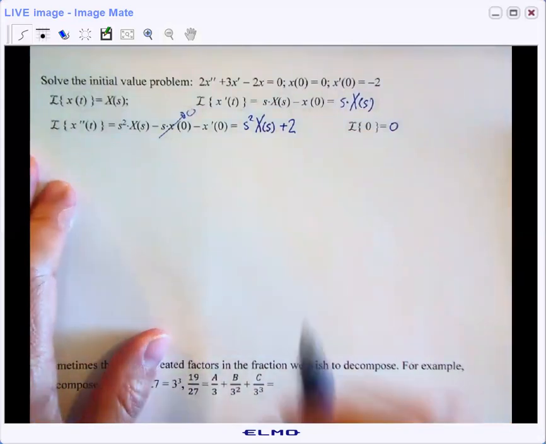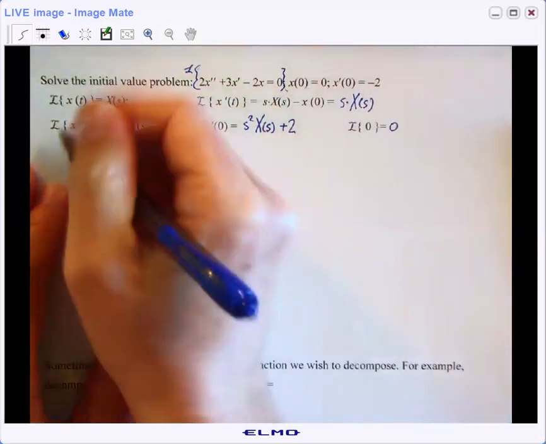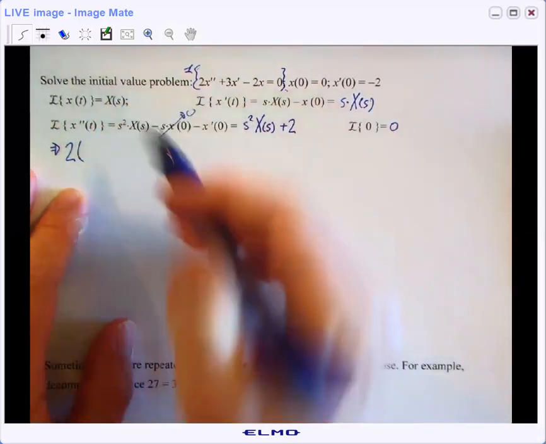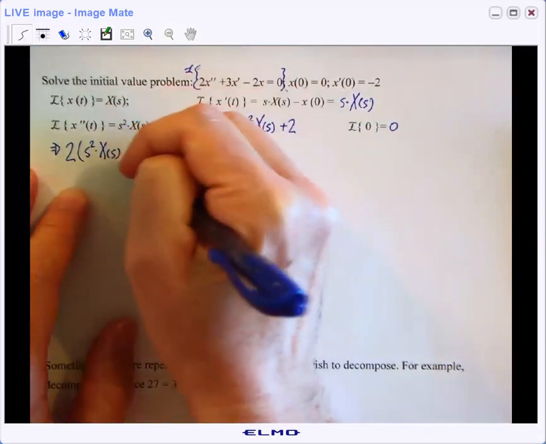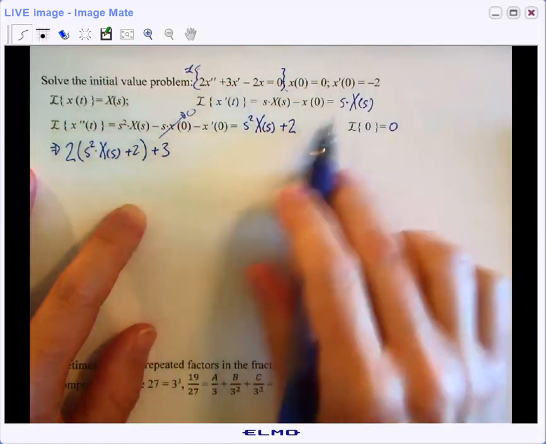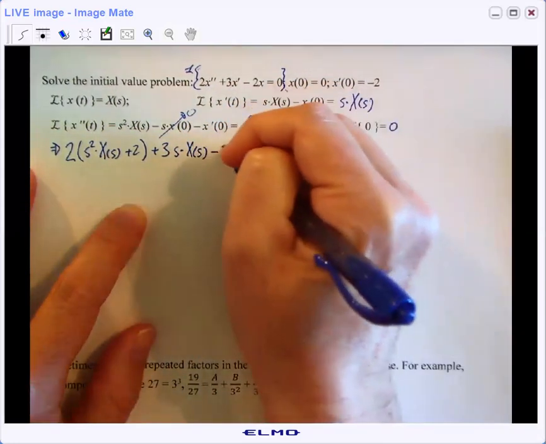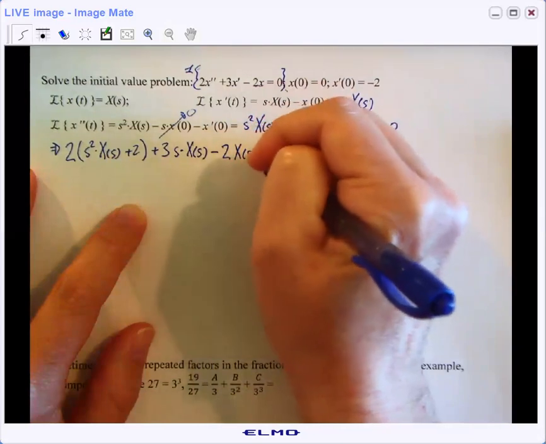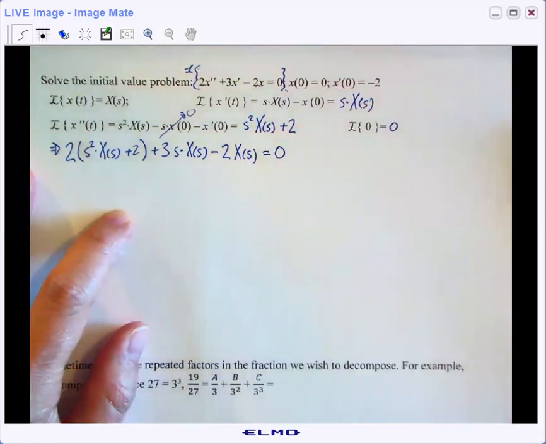All right, so if we do the Laplace transform of this whole differential equation, we're going to get 2 times (s squared capital X of s plus 2), plus 3 times (s capital X of s), minus 2 times capital X of s, and that is going to equal the Laplace transform of 0, which we know to be 0.